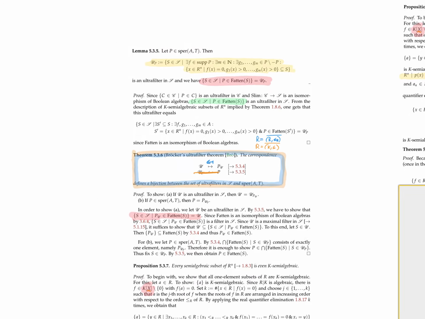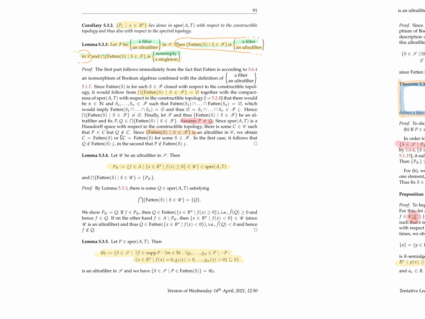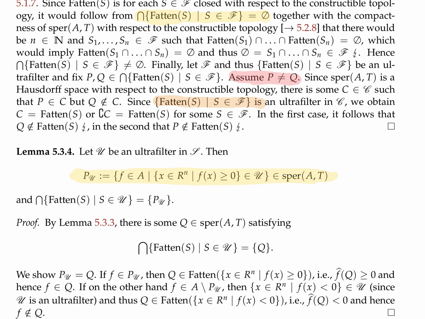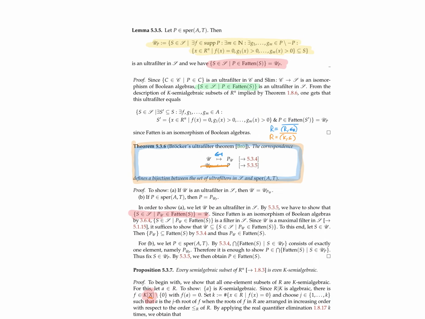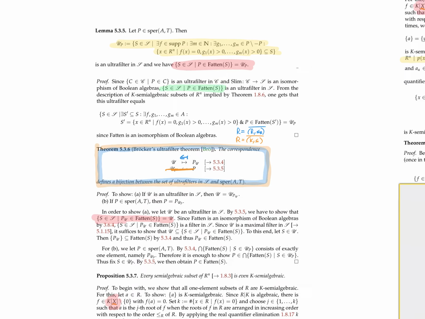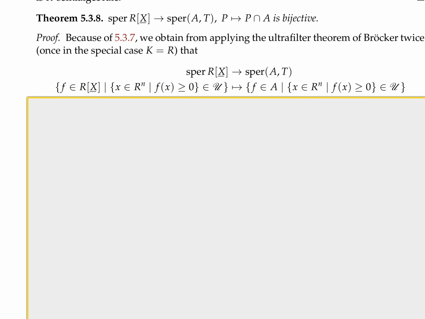So now what was PU? PU was this thing here. PU is the set of all polynomials that are non-negative on a filter set. So I said I start with the blue version, so I first have to take the set of all polynomials over R such that the non-negativity set is in the filter.